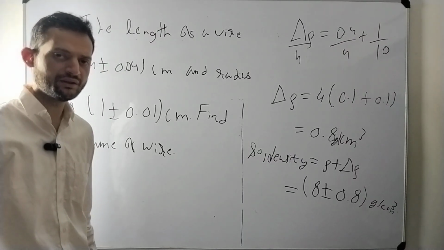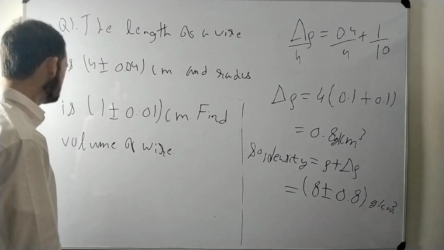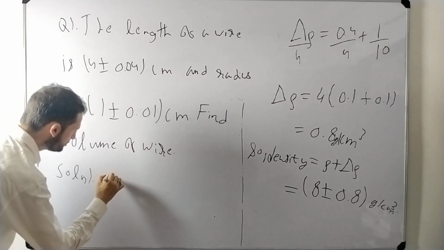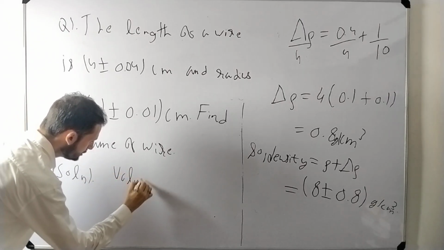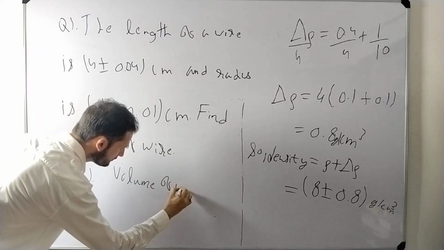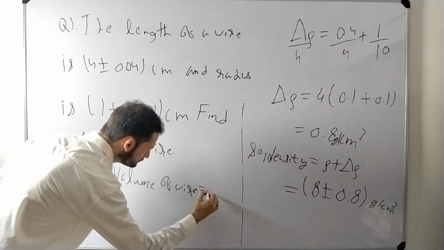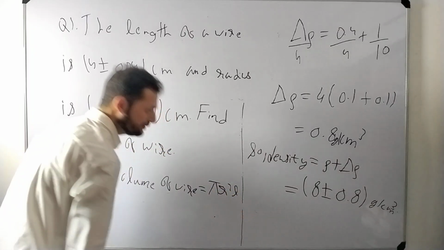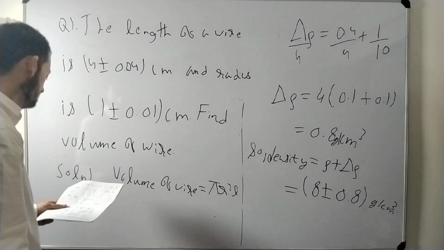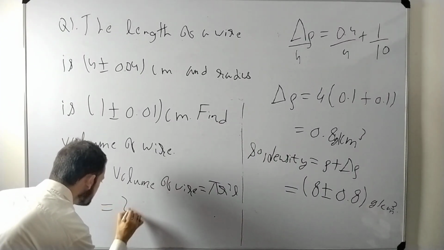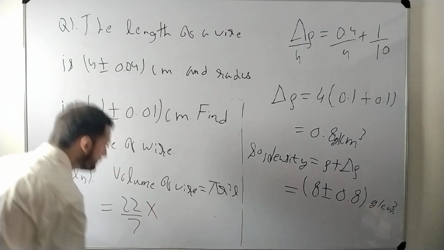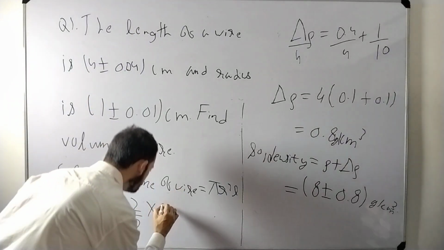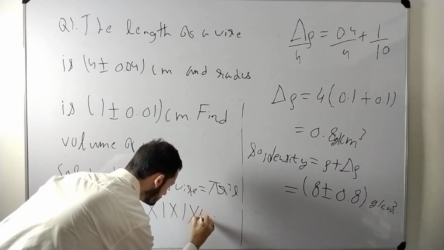Actually, wire is basically a cylinder, so I will take the cylinder case and put volume of wire equal to cylinder volume, pi r square L. Okay students, so this makes 22 upon 7 r square being 1, into 4.